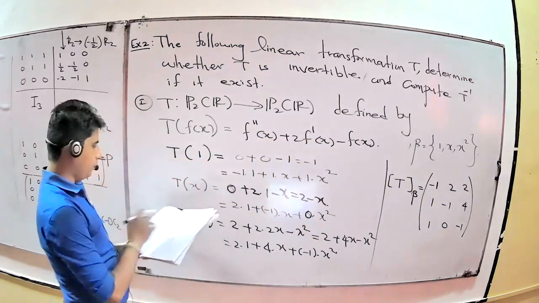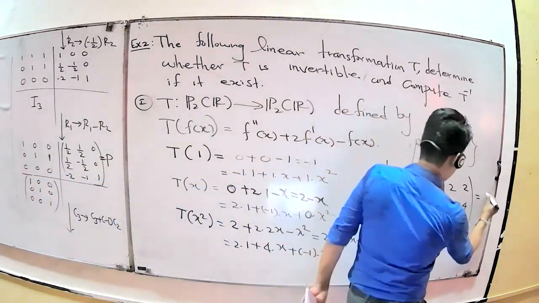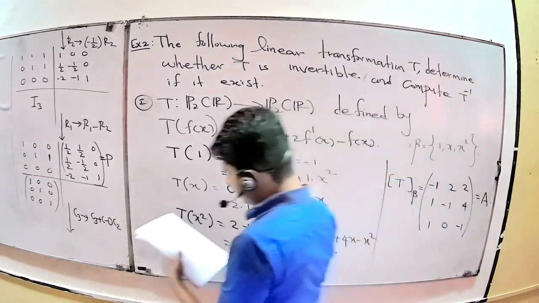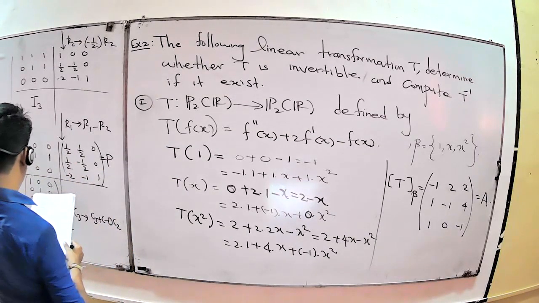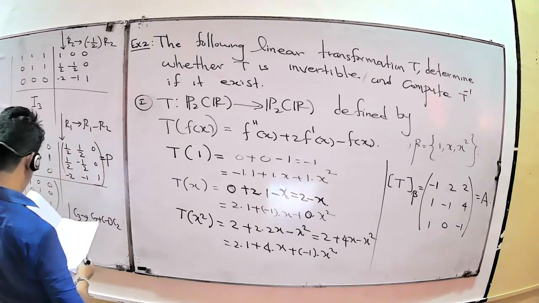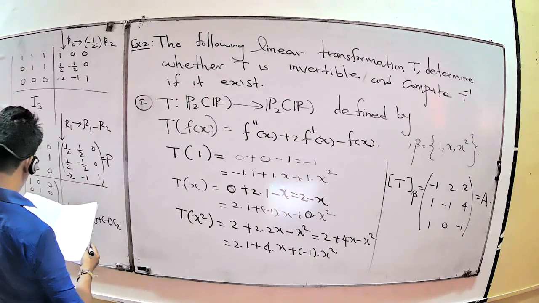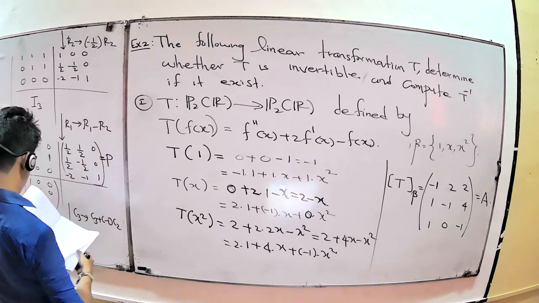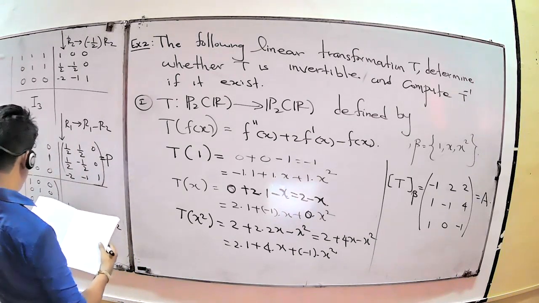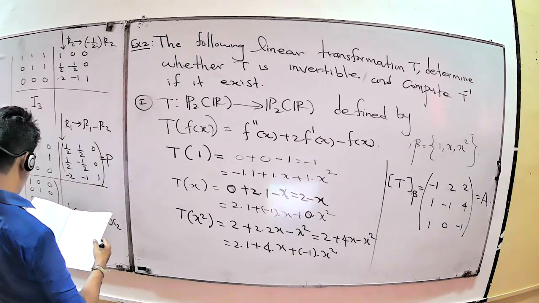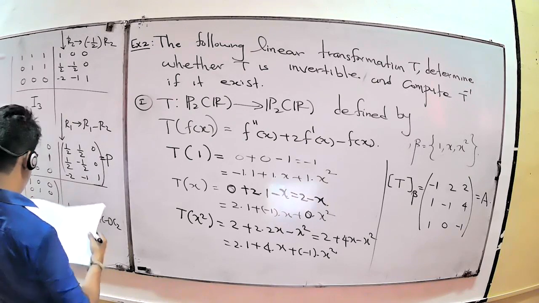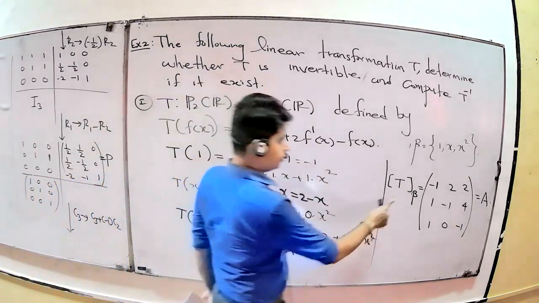Now you put the representation matrix as A. You want to show that T is invertible.